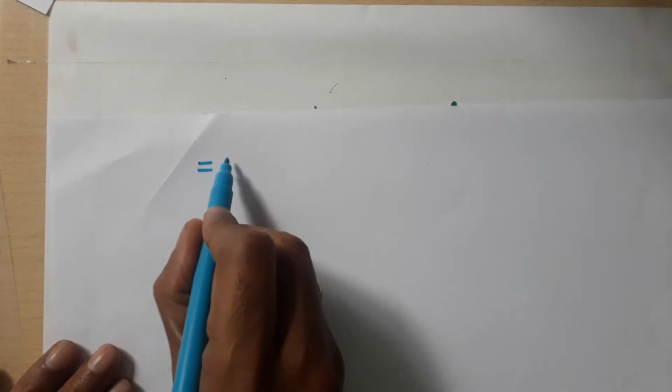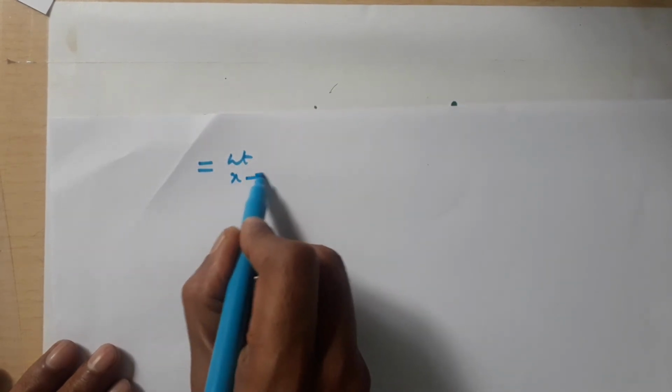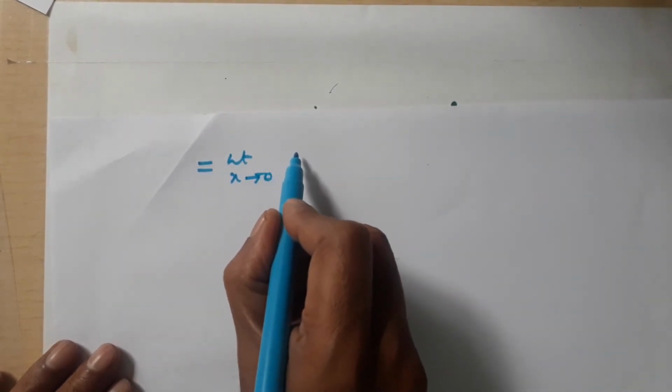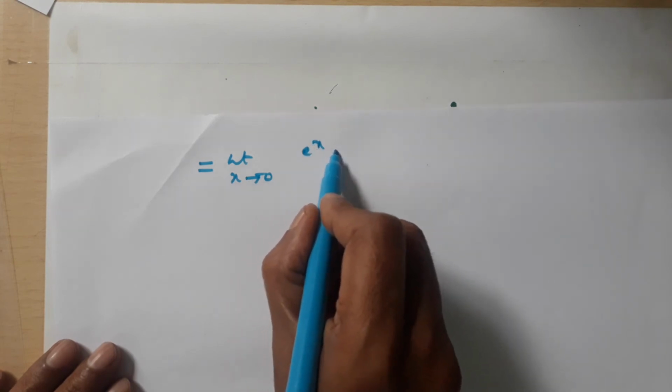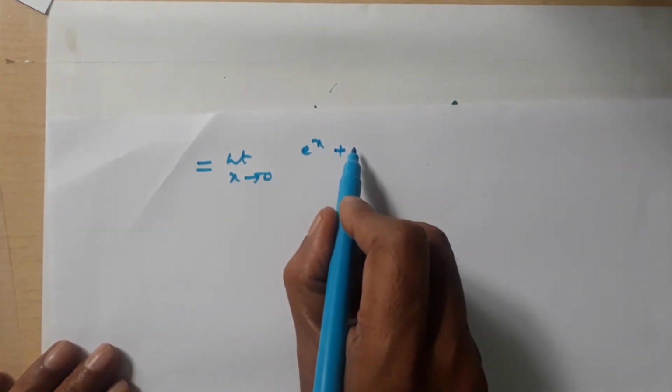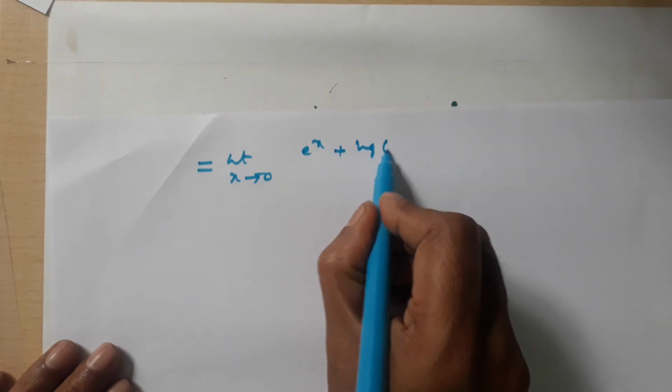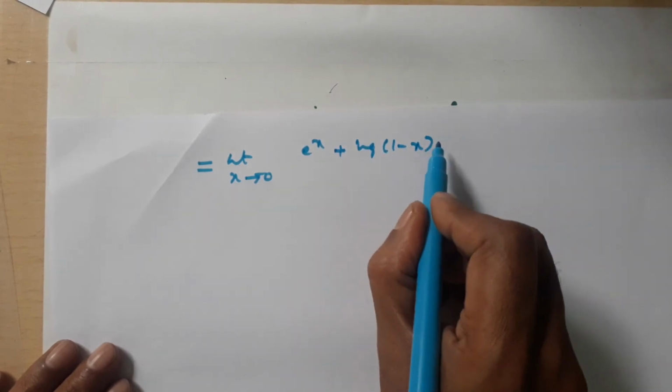So that is equal to limit x tends to 0 of e power x, differentiation is e power x. First of all, I will write the total function, then I will apply L'Hospital later.